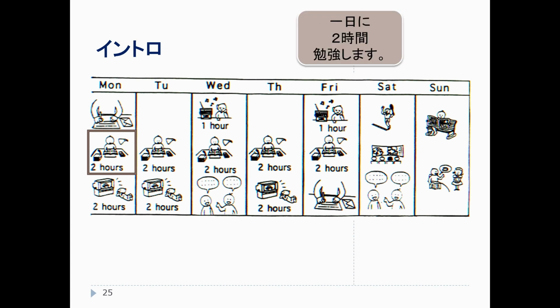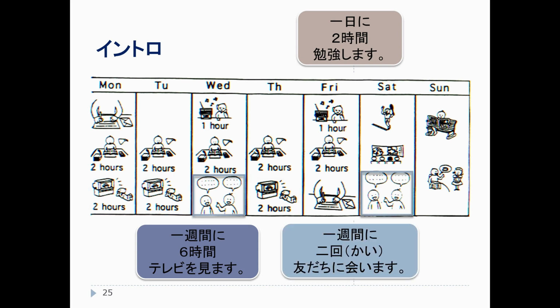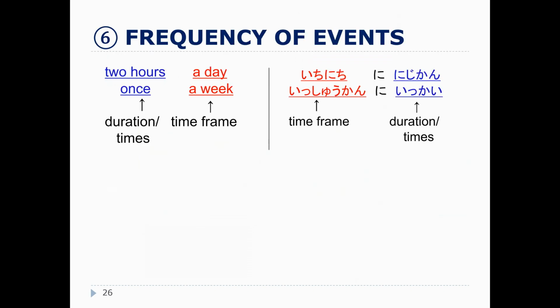1日に2時間勉強します。1週間に6時間テレビを見ます。1週間に2回友達に会います。When we want to talk about how frequently we do events, we need to remember both our big time frame and the number of times.